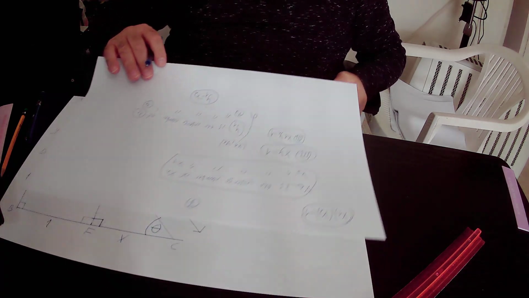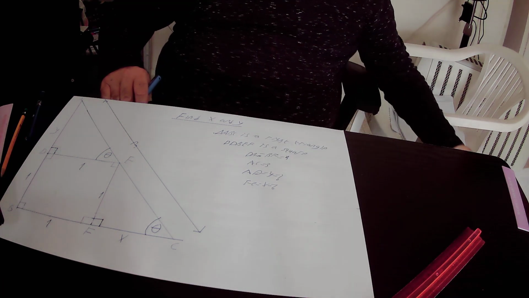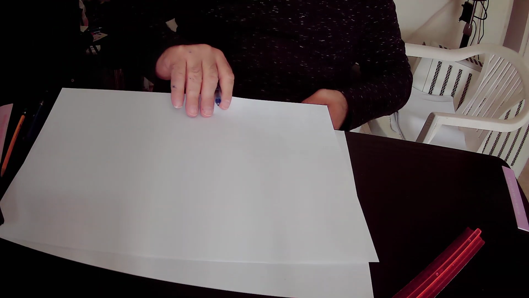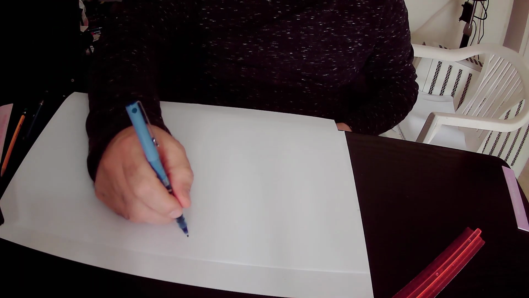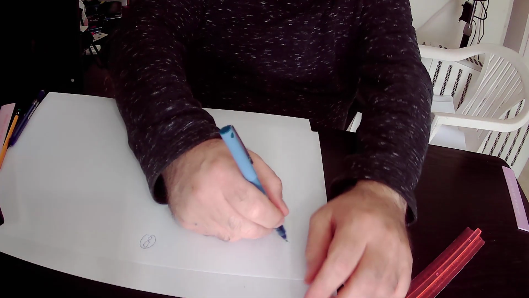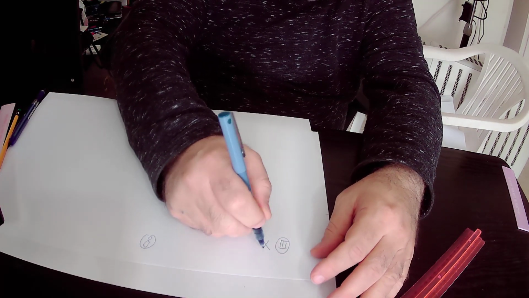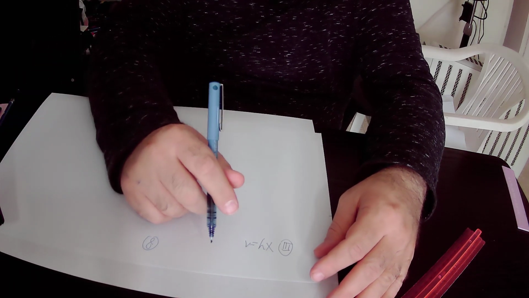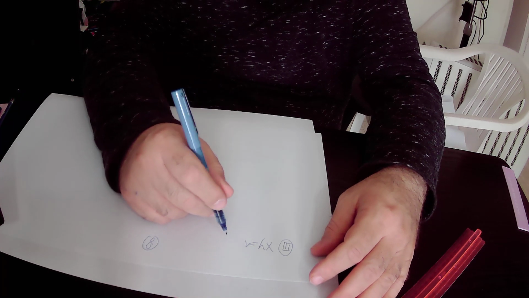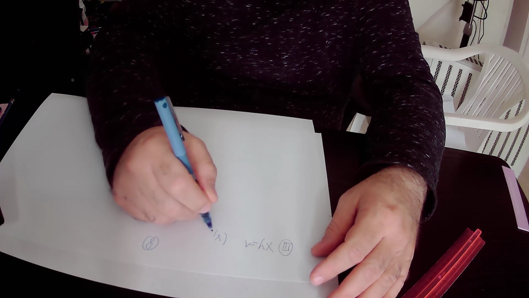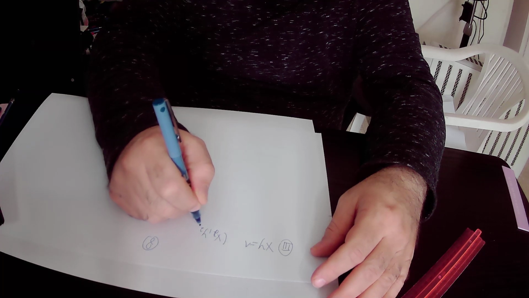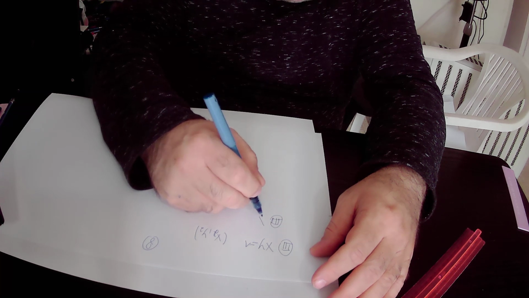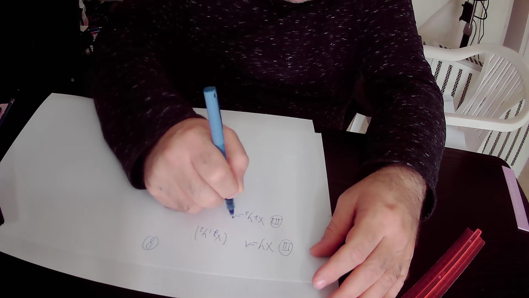And likewise, equation number 3 states that x times y equals 1. We will put the second solution, x2 and y2, inside equation number 3, and we will get that x2 times y2 equals 1.